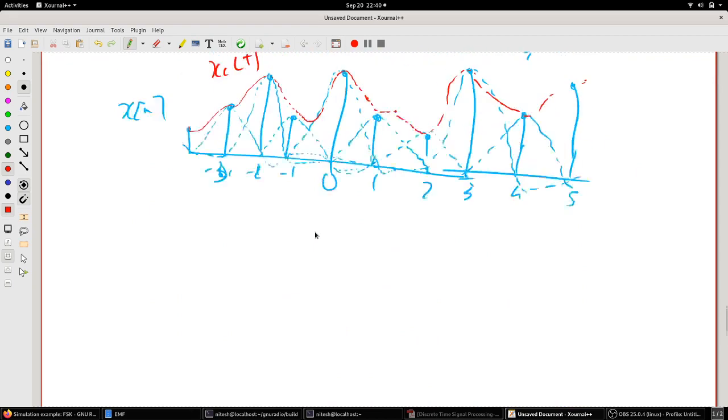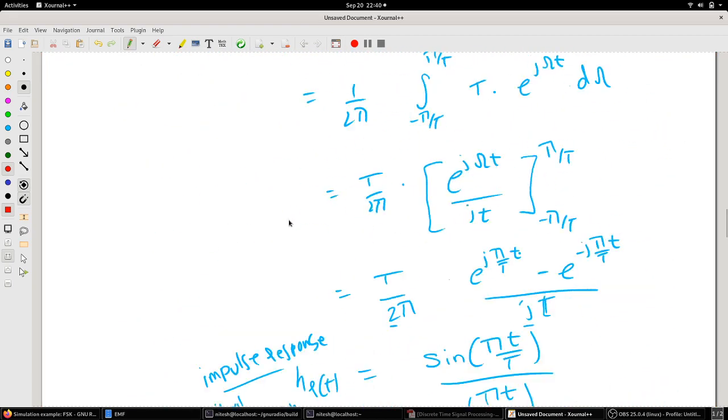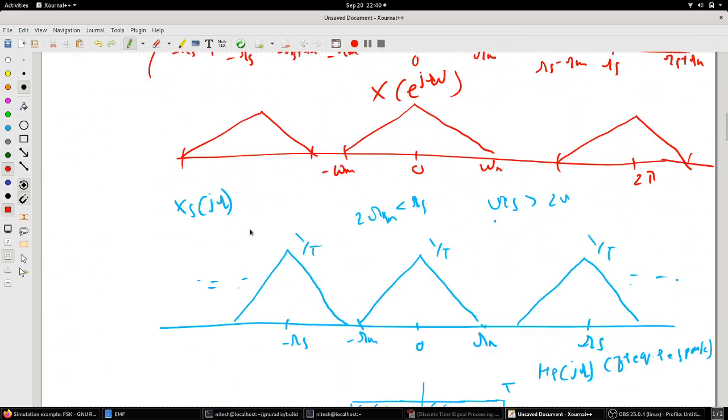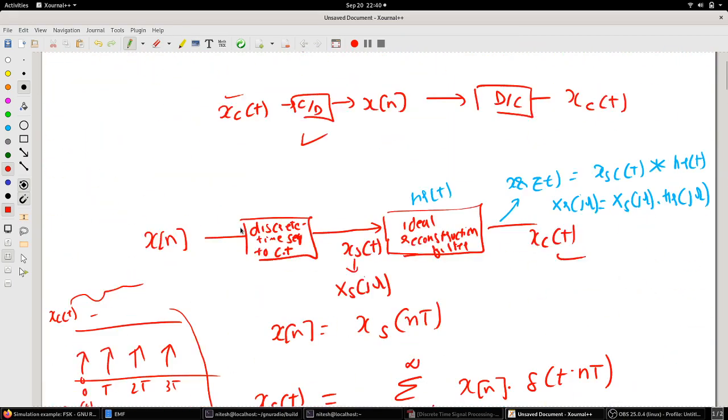So this whole block diagram here, which looks something like this, is called a D to C converter.